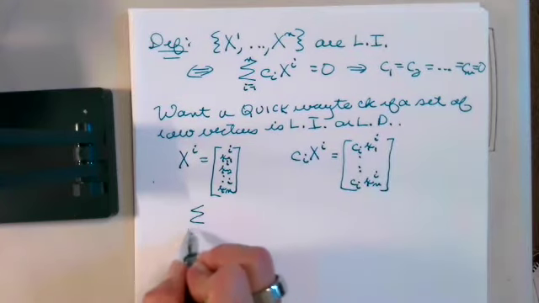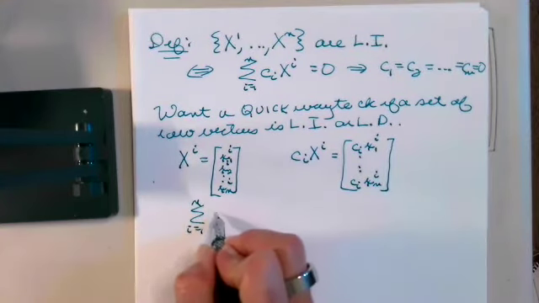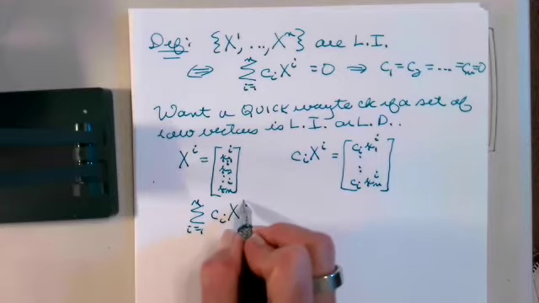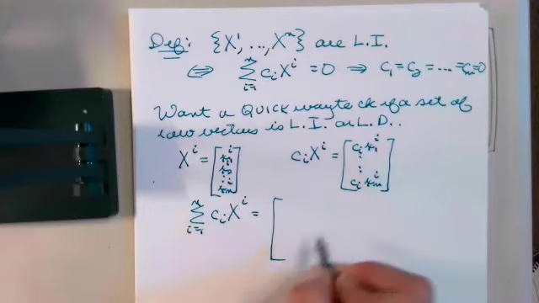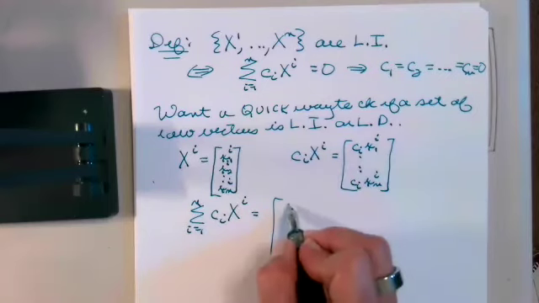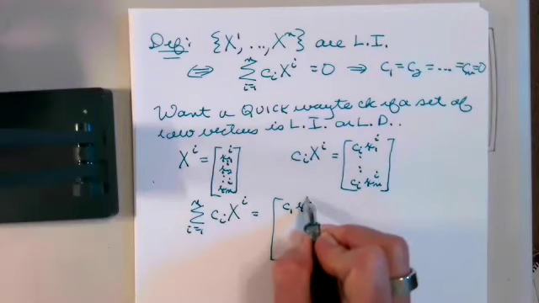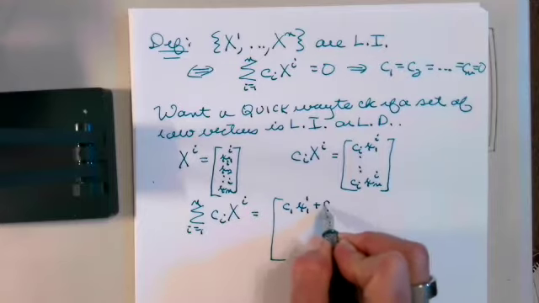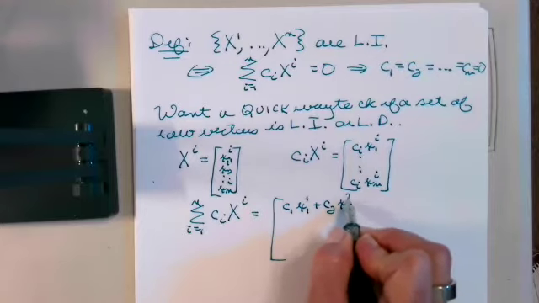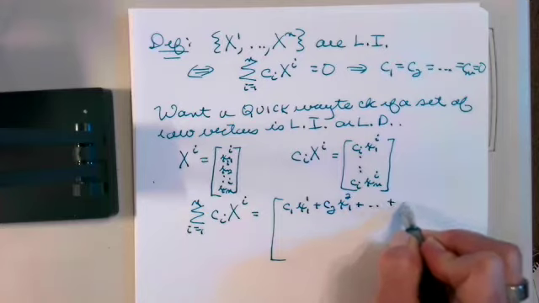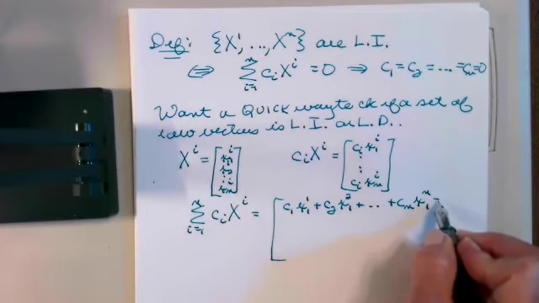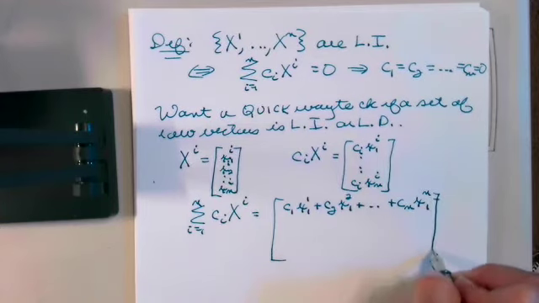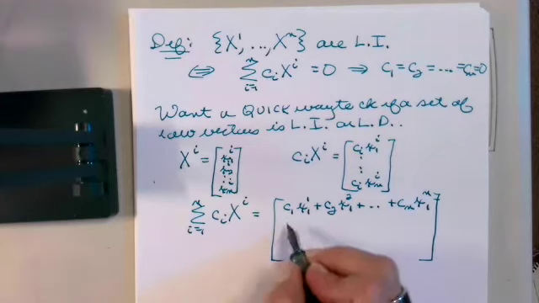So if I look at the sum from i equals 1 to n of c_i x^i, when I do these rows, I will get c_1 x^1_1 plus c_2 x^2_1 plus up to c_n x^n_1. I'll get all the first components multiplied by the c's and then added up. And you keep on doing that.